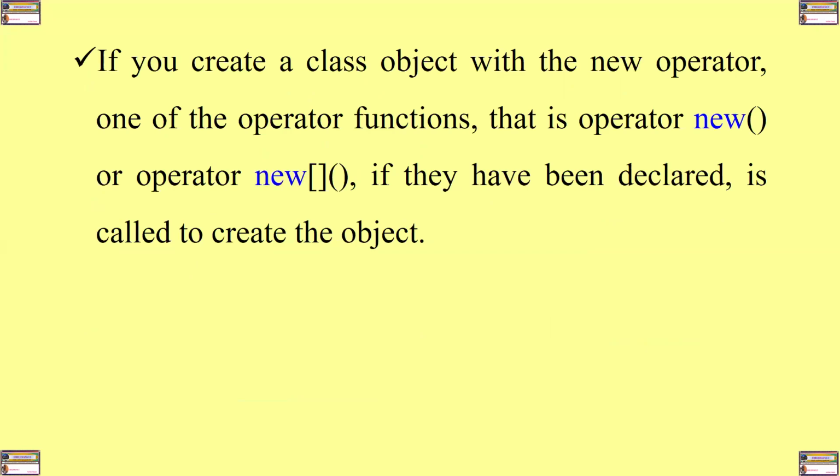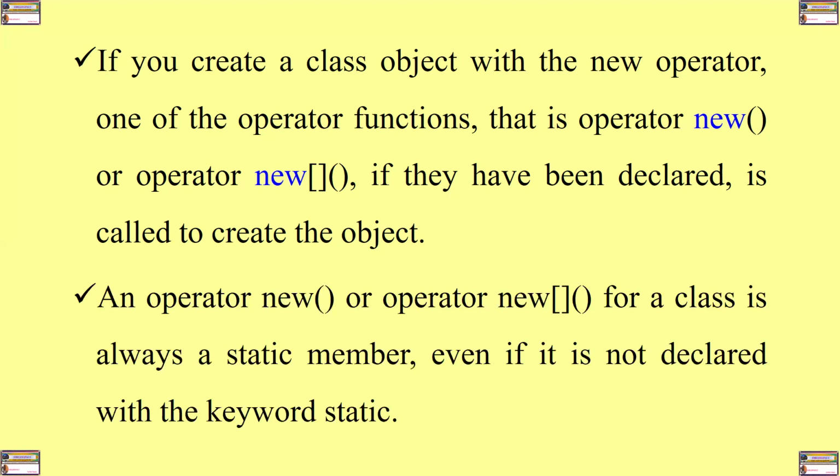If you create a class object with the new operator, one of the operator functions, for example operator new for a single element or single variable, or operator new when you're dealing with an array, if they have been declared, is called to create the object.